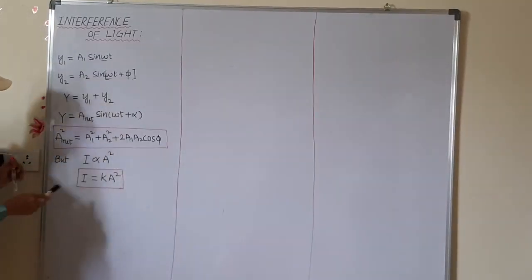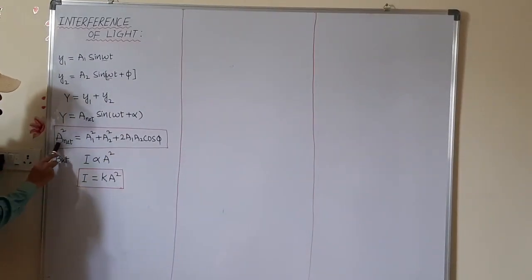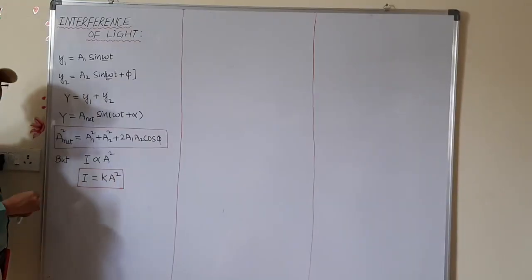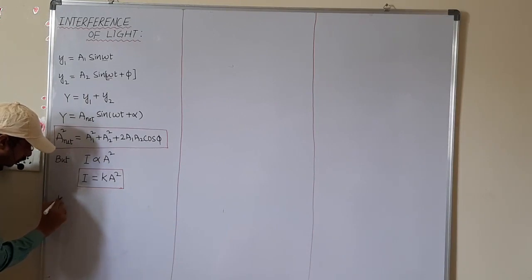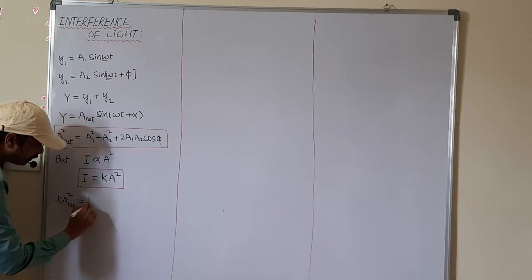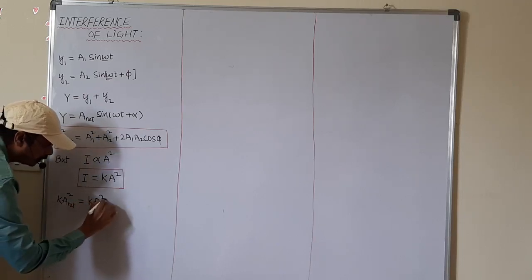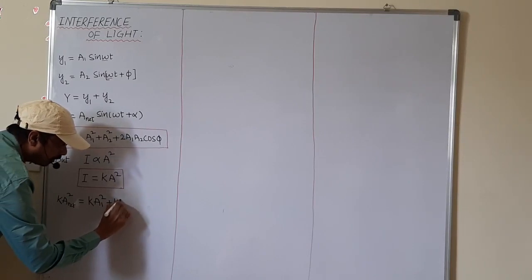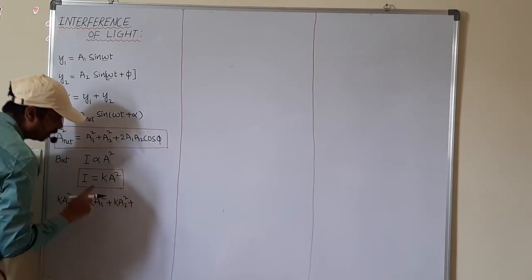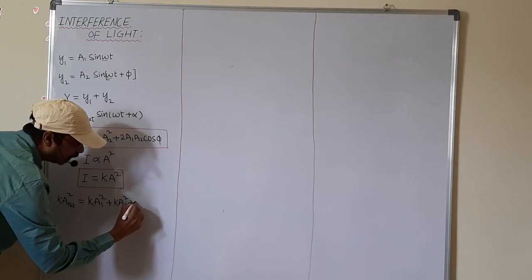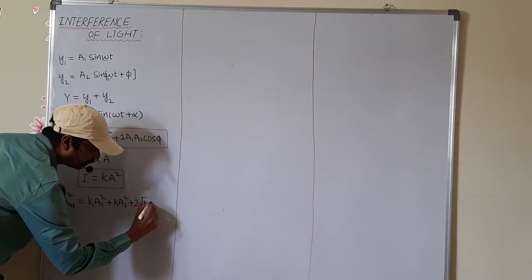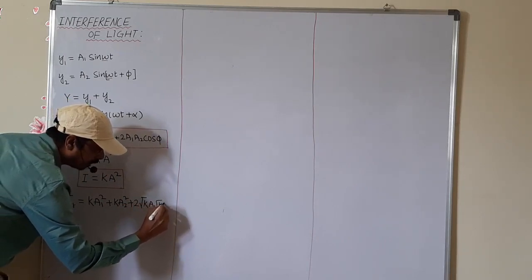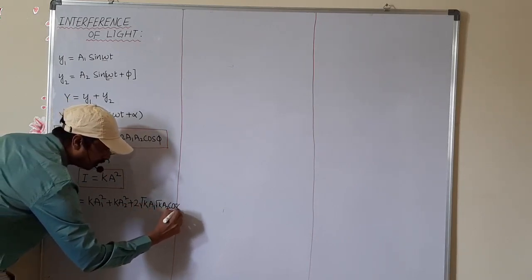In this equation, multiplying both sides by K, we get K A net squared equals K A1 squared plus K A2 squared plus 2 root K A1 root K A2 cos phi.